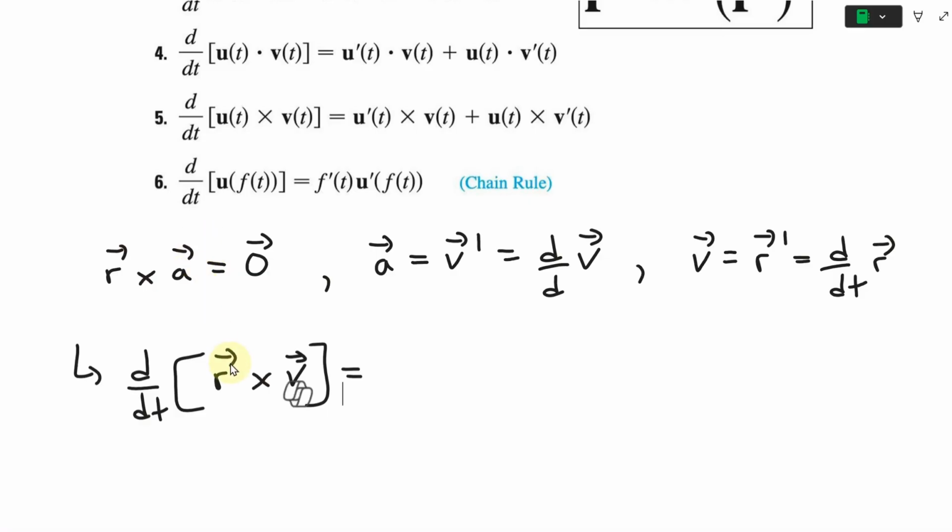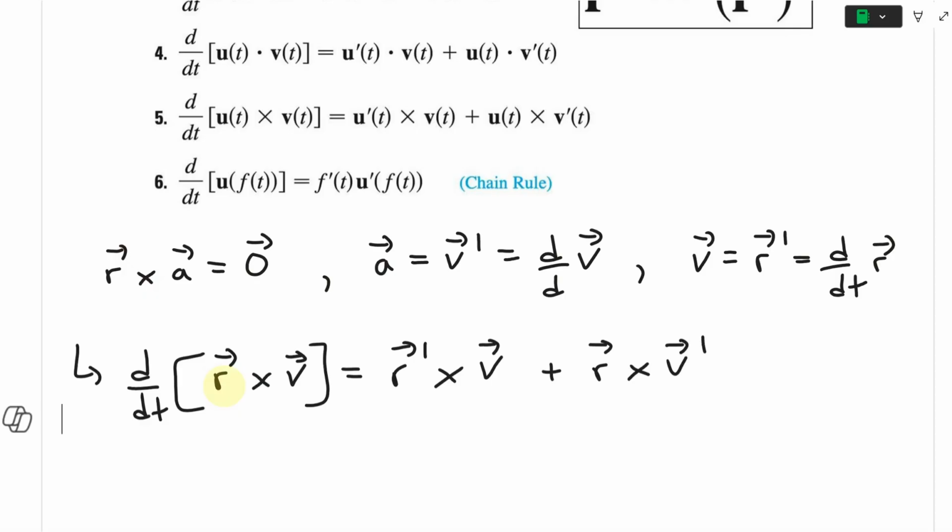Using this rule, we take the derivative of the first one: r prime cross v, and then we add r cross v prime. Now, this r prime is just v, the velocity vector. And this derivative of v right here just equals a.